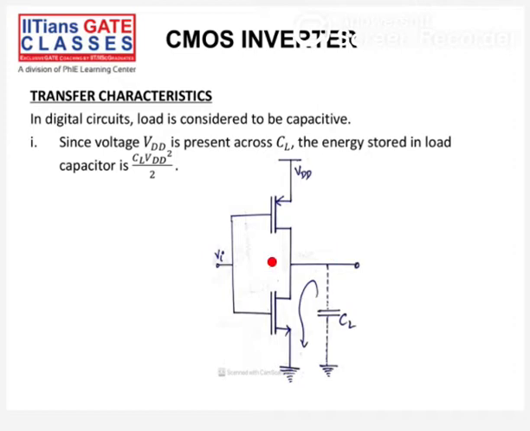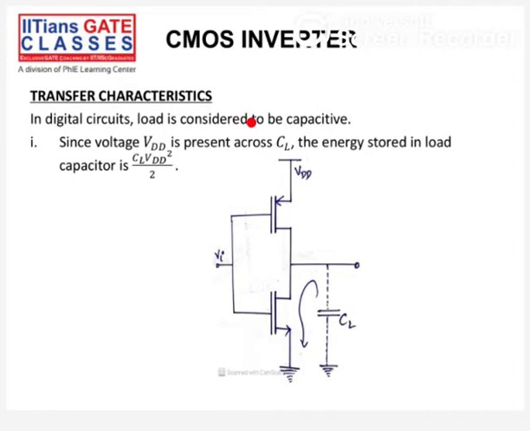So that same graph, same diagram, that circuit I have taken here. In digital circuits, the load is considered to be a capacitive load, but in analog circuits, the load is considered a resistive load.